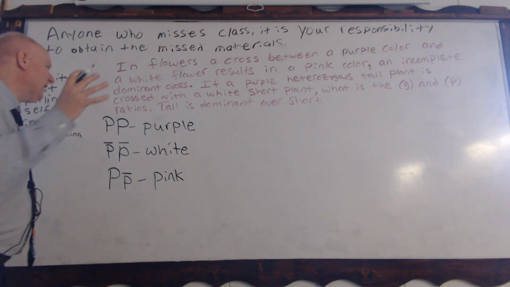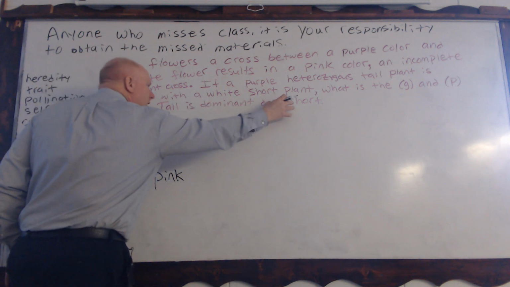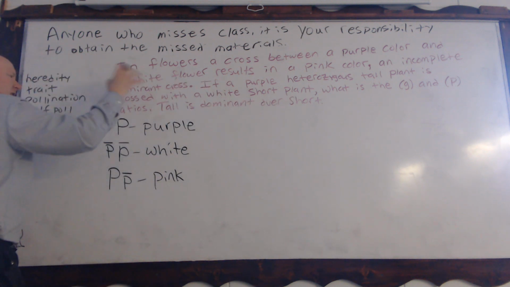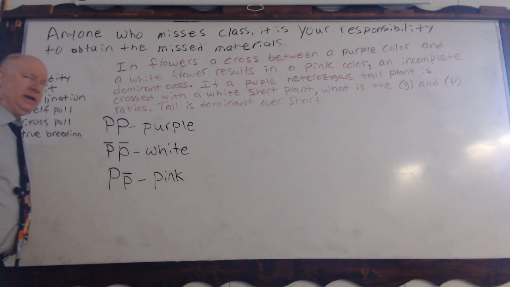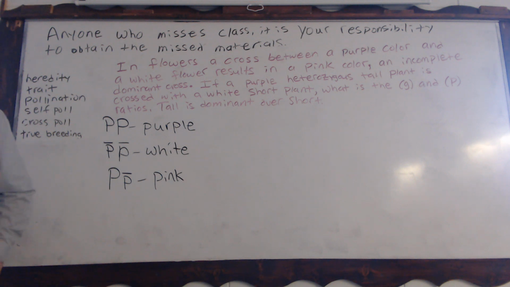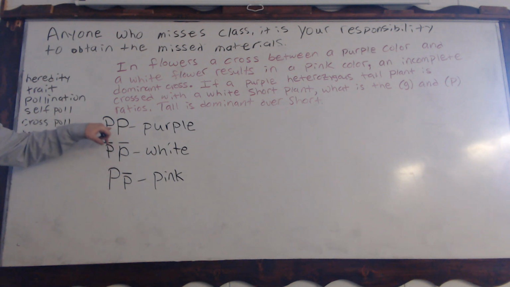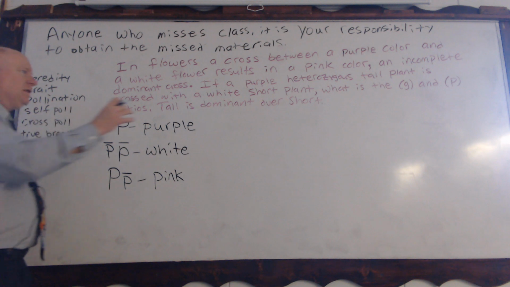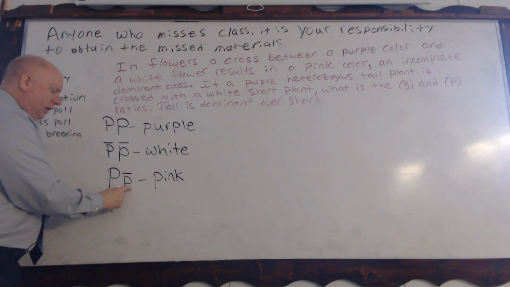So when we look at this, again, it doesn't say one trait is dominant over another. It says it's an incomplete dominant cross, because if this was a complete dominant cross, what would this look like, do you think? It would be purple. Why is that? Because if that dominant trait is present in a completely dominant cross, it doesn't matter if that recessive trait is in there.